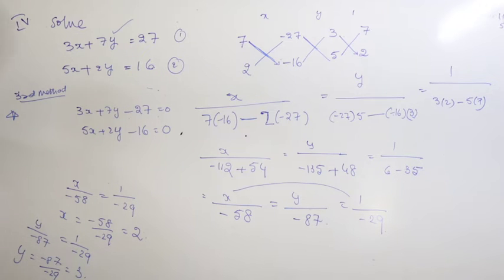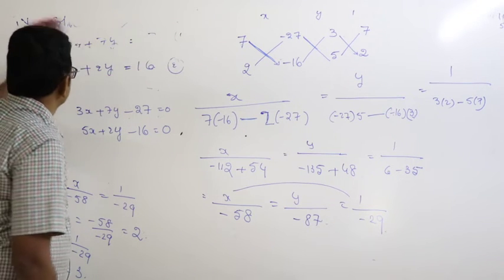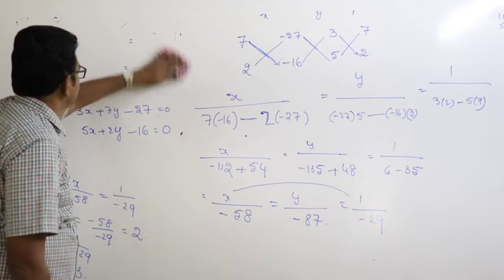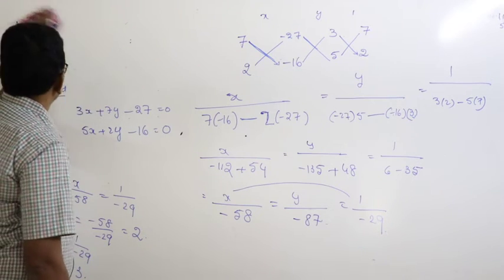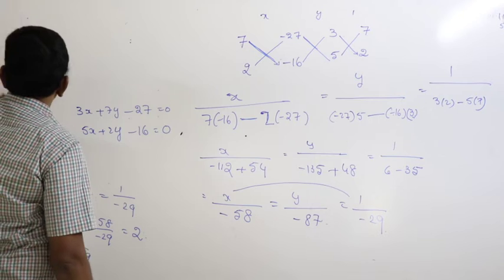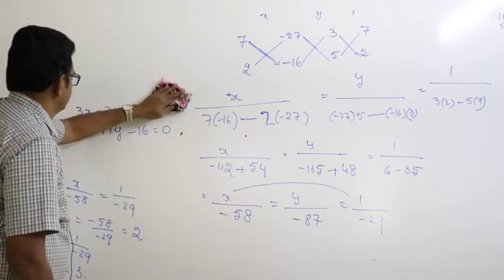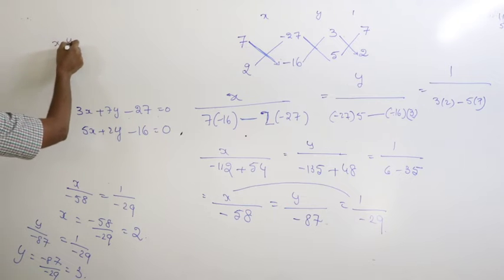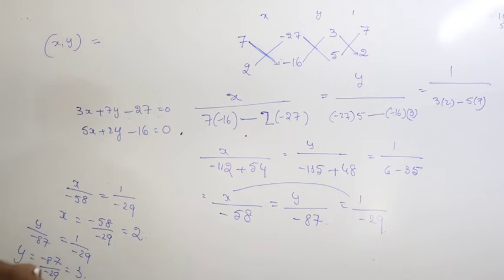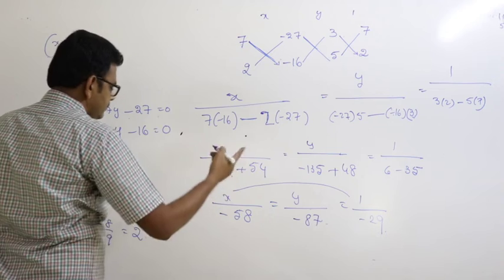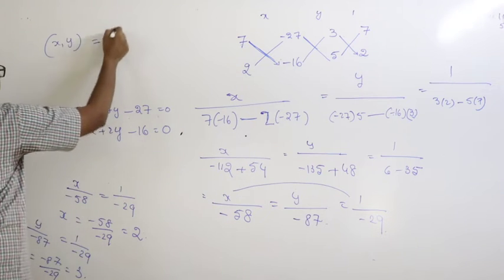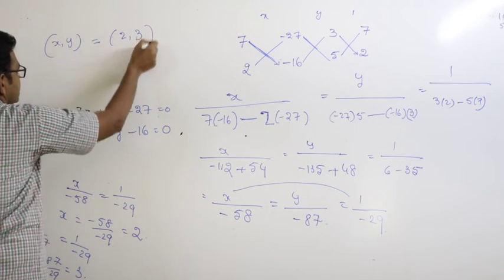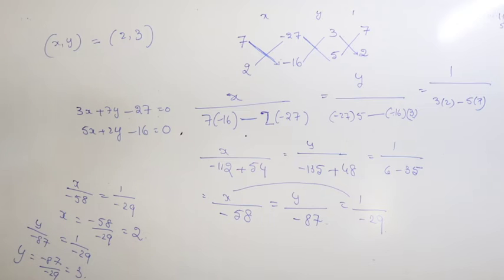Therefore x comma y is, x value is 2, y value is 3.